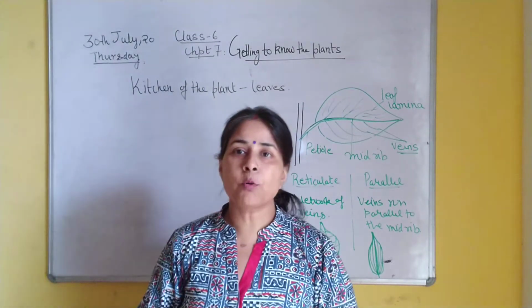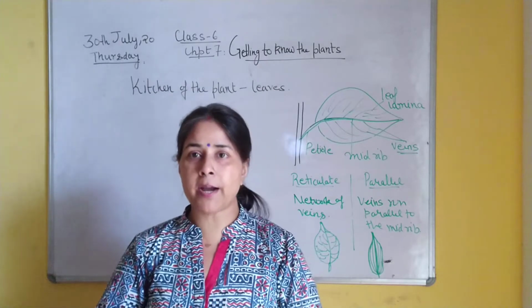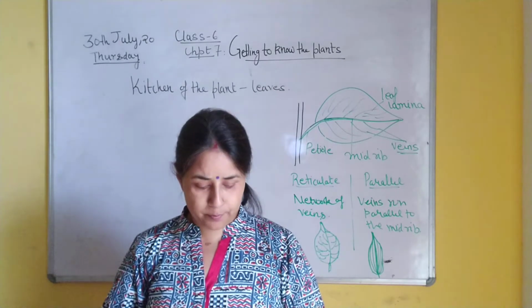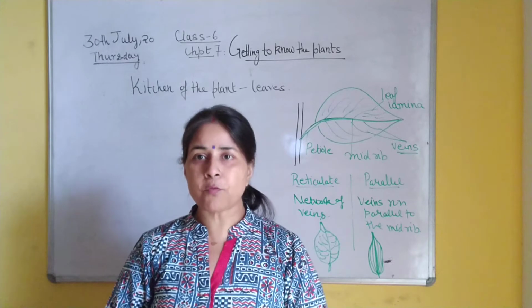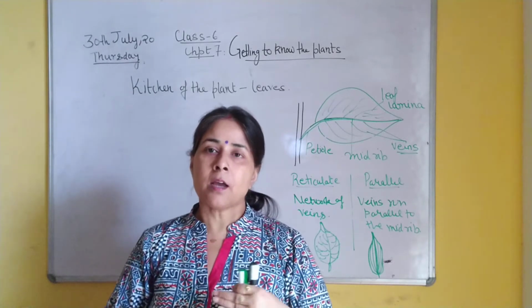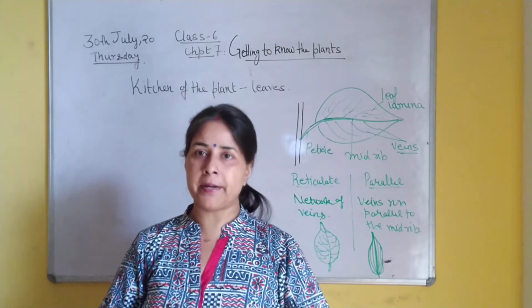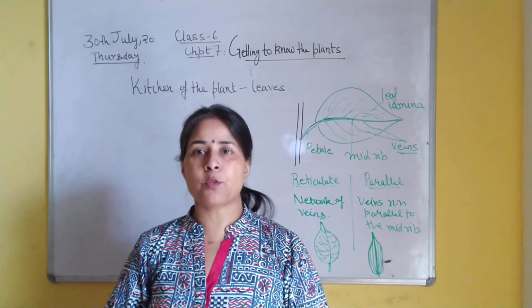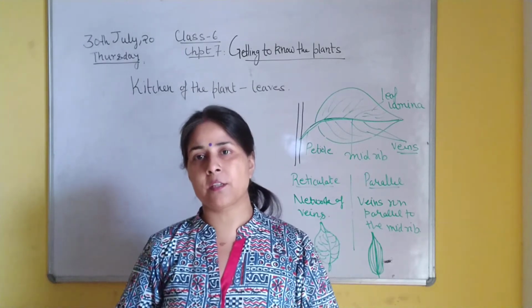Now talking about the leaf, how do we know that leaves are the kitchens of the plant? They synthesize food for the plant. So let us see how this process is undertaken.